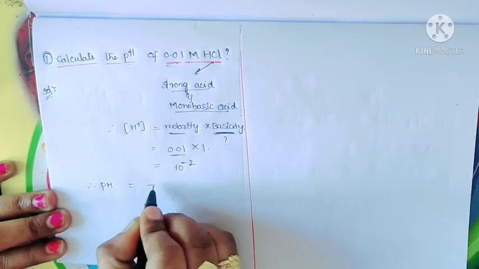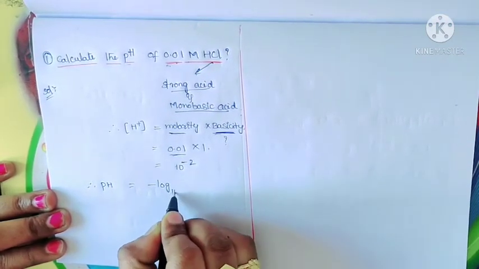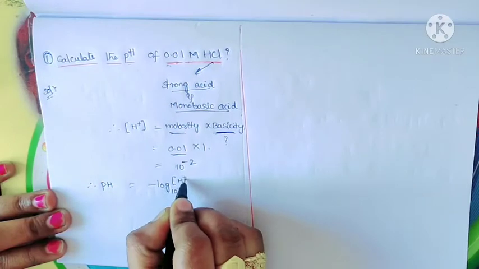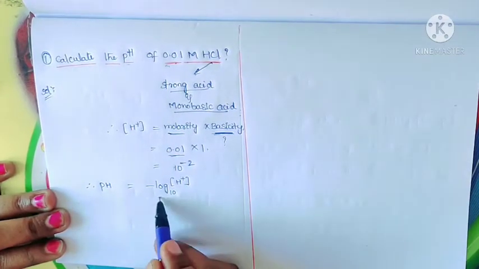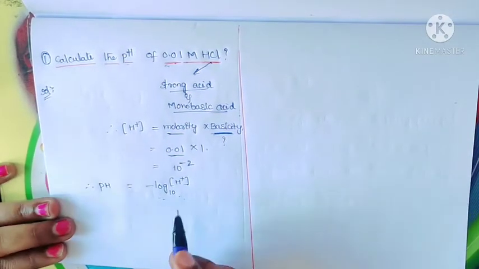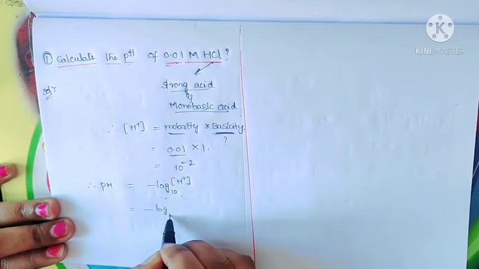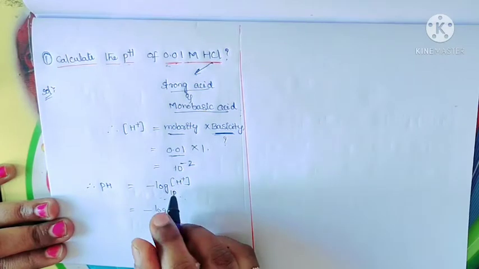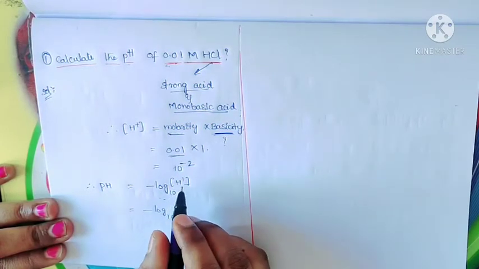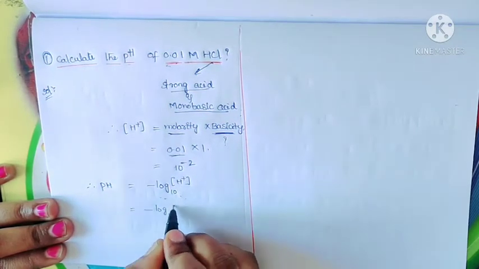Now we are calculating pH. pH equals minus log base 10 of the concentration of H plus ion. It is the pH formula. So we put the concentration of H plus ion, which is 10 power minus 2.